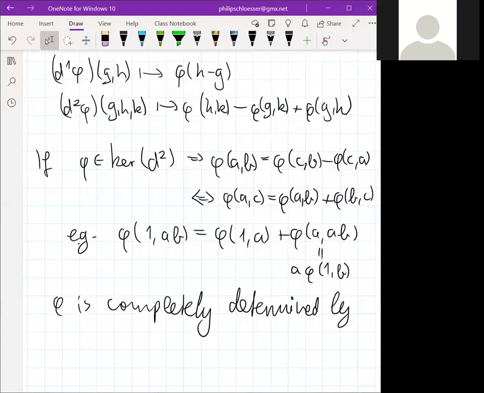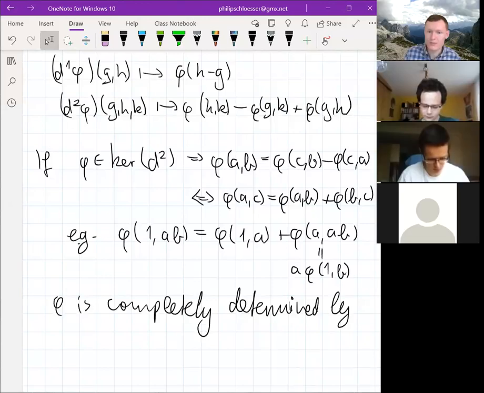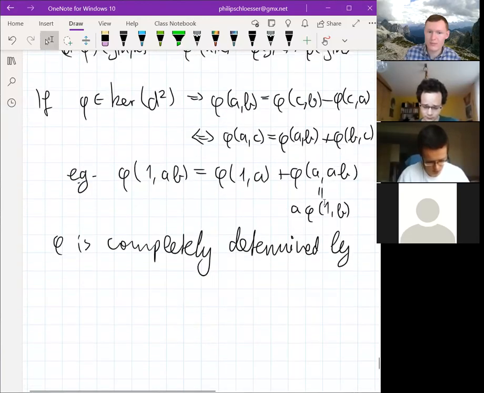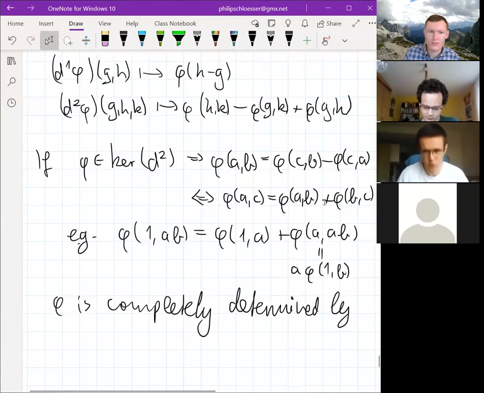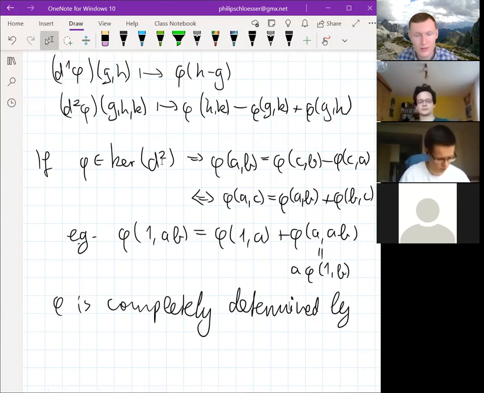Also, what is the equivalent condition, in topology and physics, of phi in the kernel of D square, or D2? What is the equivalent condition for the transition functions in the topology we saw?